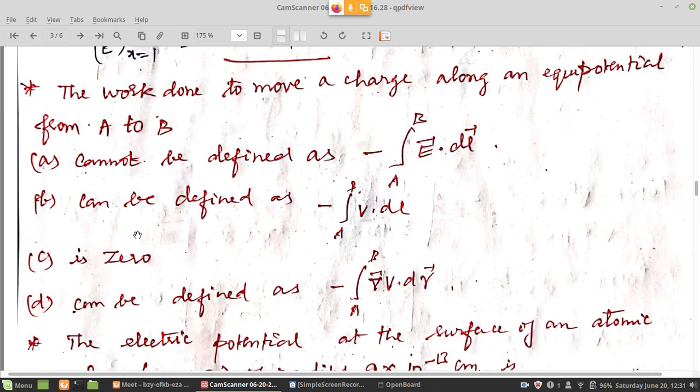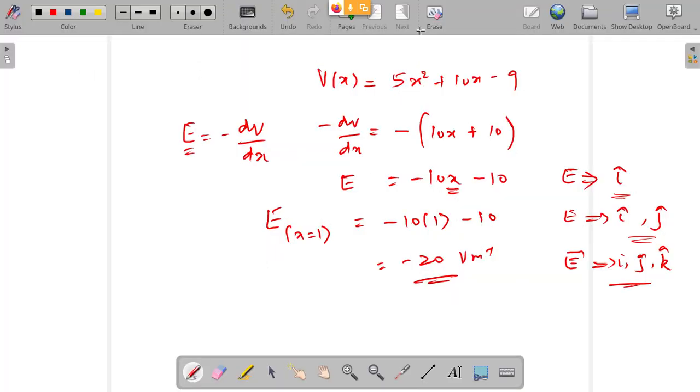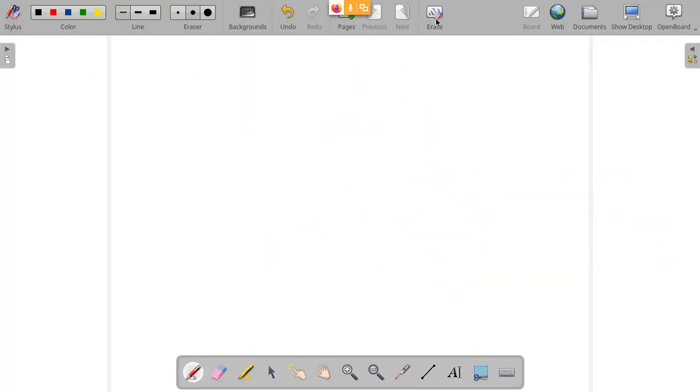First of all you have to understand what is the definition of equipotential surface. We discussed it in the class also. From a charge, for example for a point charge, the electric field lines are pointing in all directions. We know that the electric field is proportional to 1 by r square and potential is proportional to 1 by r. So for a point charge, what kind of surface will have this relationship?